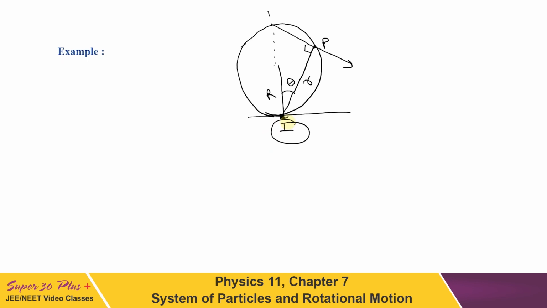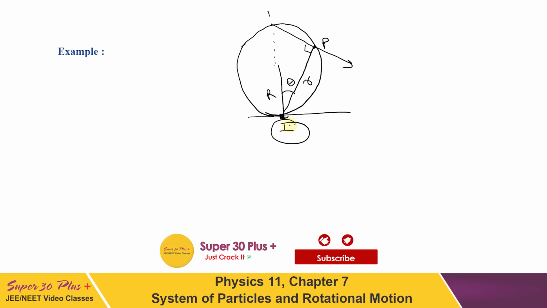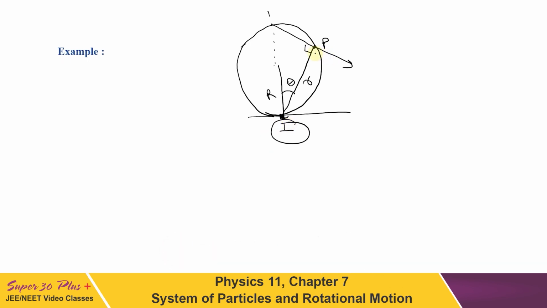So now we can consider that all other points are having velocity in a direction such that they are rotating about I, because I has no velocity of its own. So all the points now are in pure rotation about I. That is why P always has velocity that is perpendicular to the position vector of P with respect to I. This is the concept of instantaneous center of rotation.